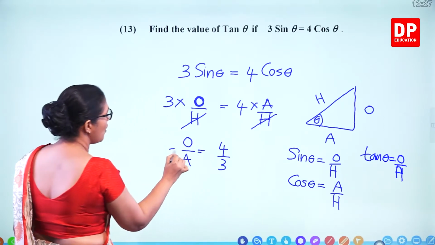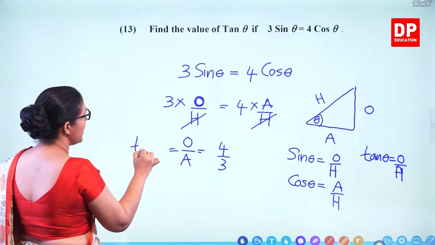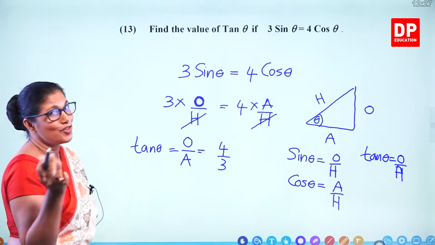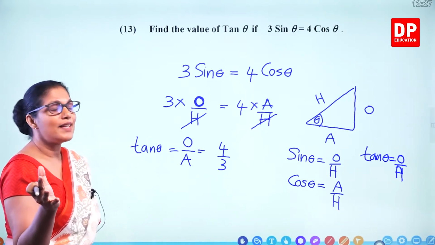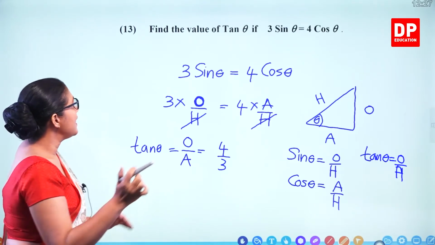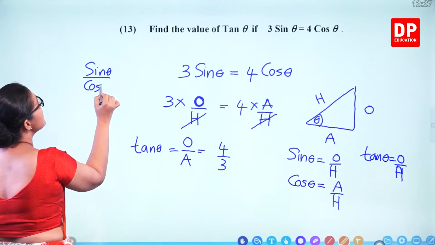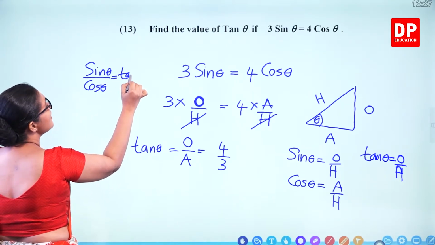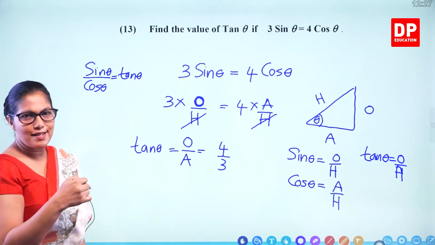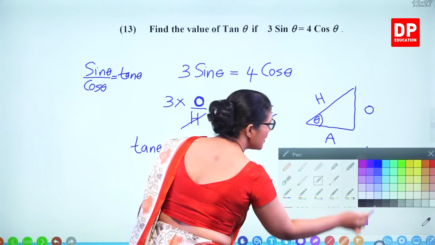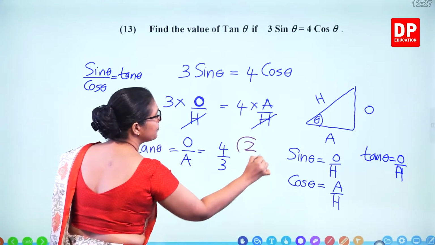So straight away you get tan theta value is this. Just remember, you are doing this in A-level class: sine theta divided by cos theta gives tan theta because hypotenuse gets cancelled out. So 4 over 3 is the answer. So you get 2 marks for that.